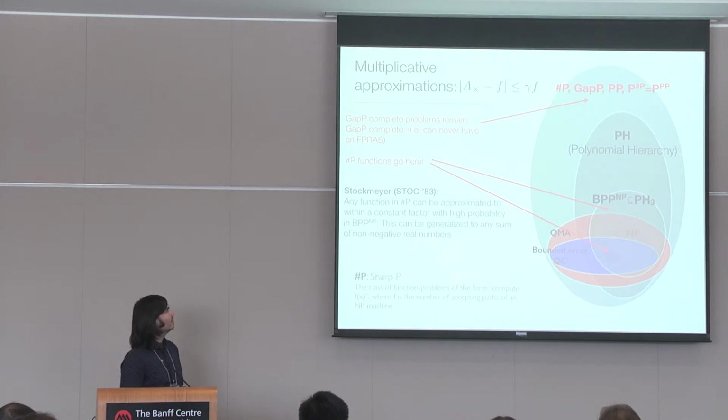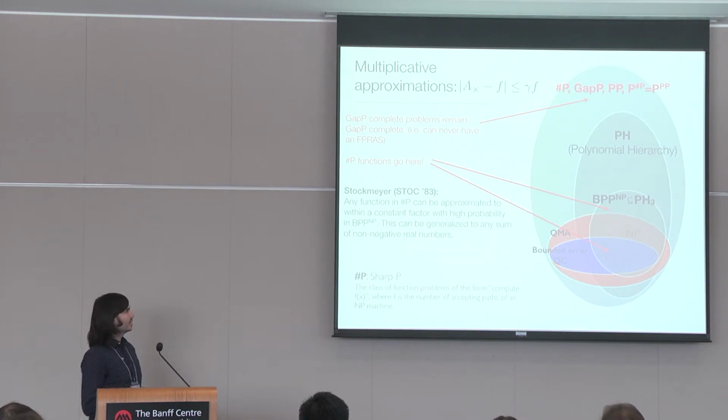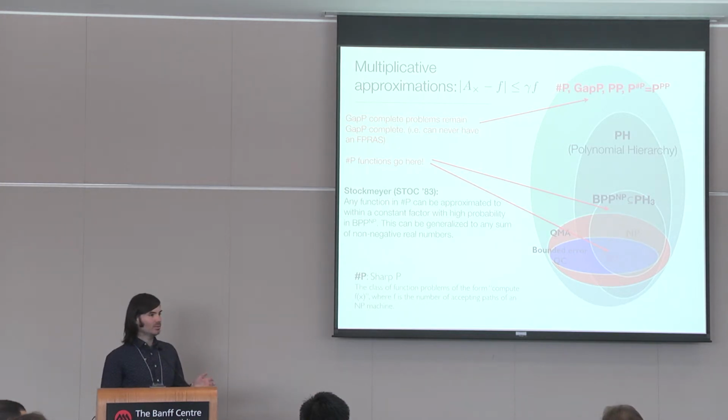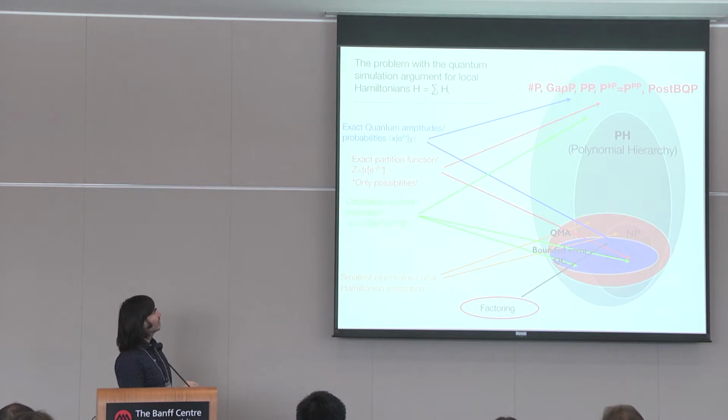What we exploit is an asymmetry between certain counting problems and their classical and quantum hardness. A natural class of problems which upper bound quantum circuits is these gap P and sharp P hard problems. I should have said that on the previous slide, actually.